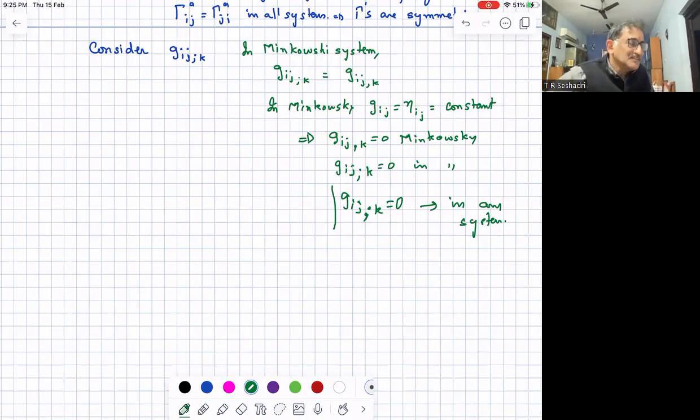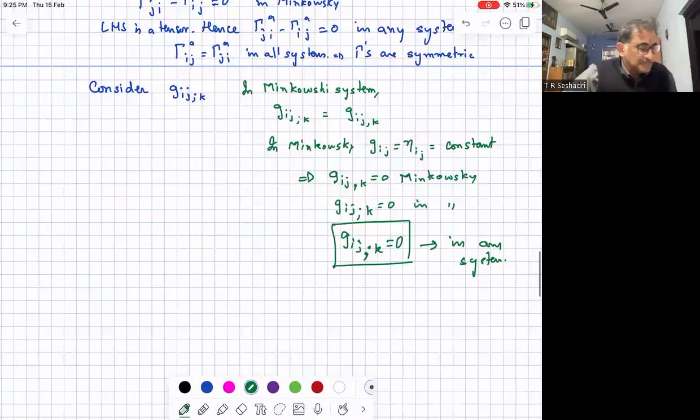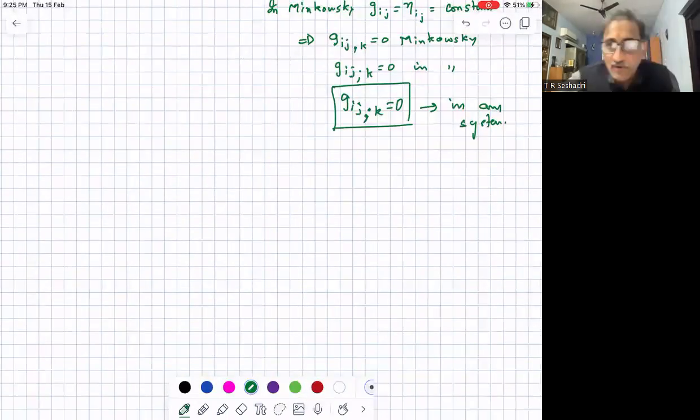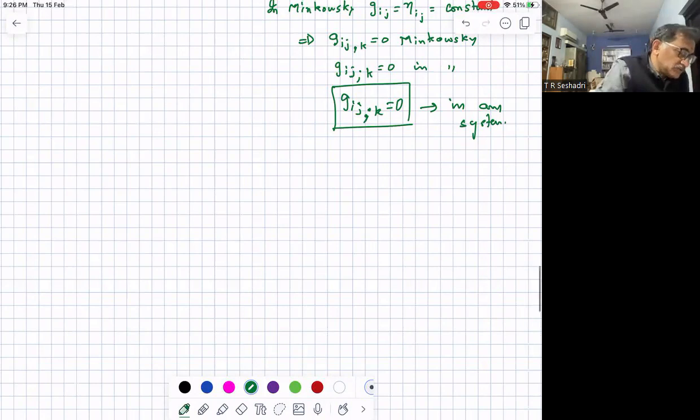The space-time statement is that I can always construct a locally flat space-time. Since Gij comma k is 0 in Minkowski, in the locally flat space-time I can always get it around that place in this form. This is a very important thing, and it gives me the weapon to calculate the explicit form of gamma. I will do it in the following way.